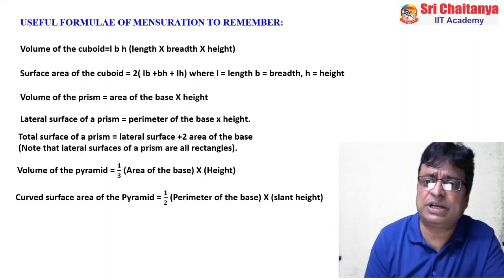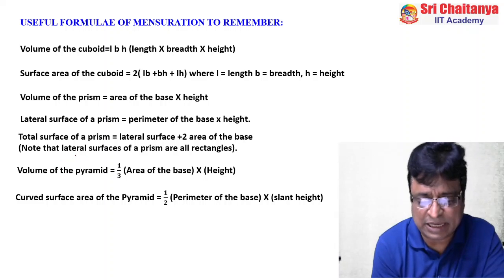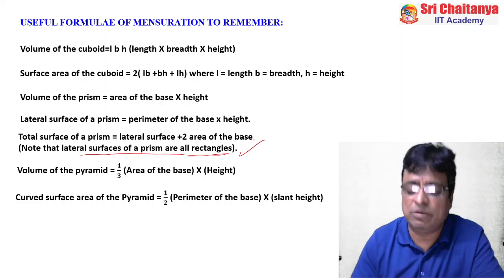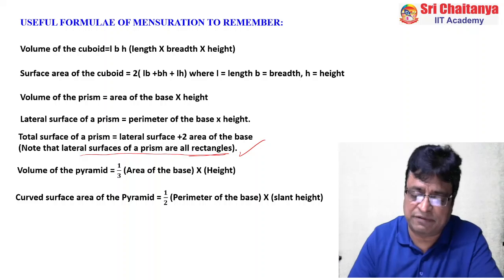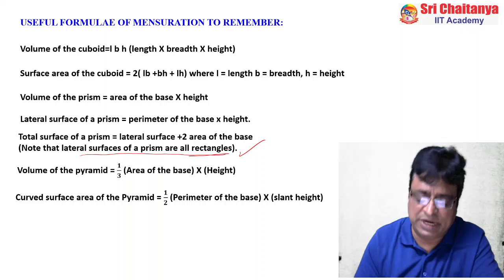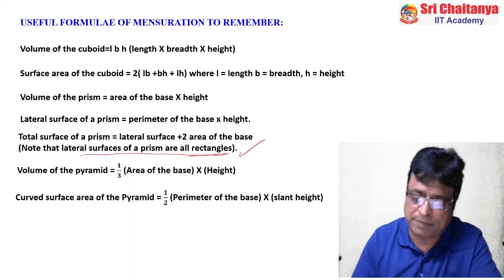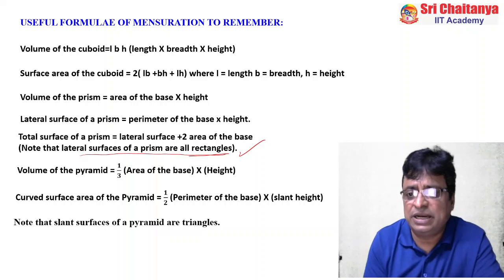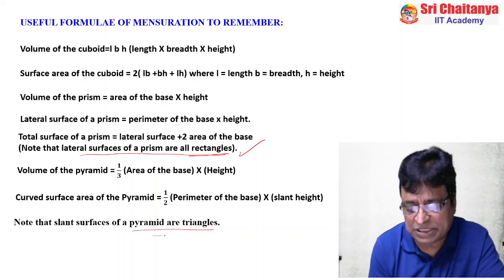The lateral faces of the prisms are all rectangles. Volume of the pyramid is 1/3 area of the base into height. Curved surface area of the pyramid is one half of the perimeter of the base into slant height, and the lateral faces of the pyramid are triangles.